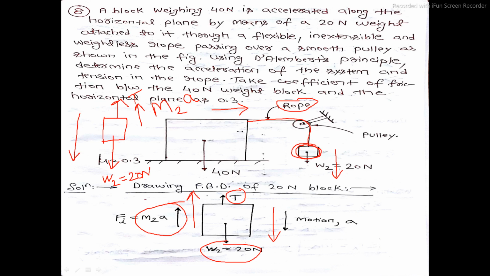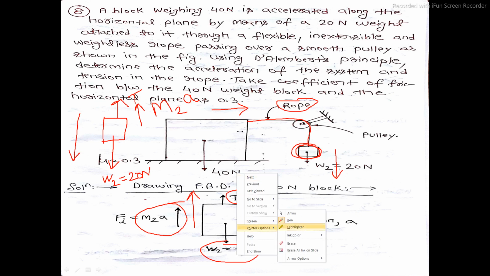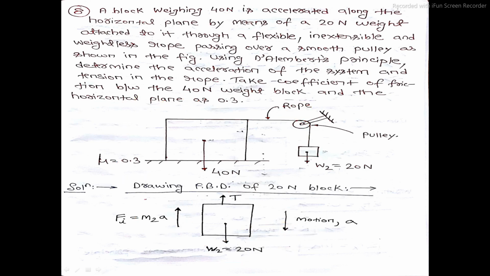So let us write down the force equilibrium equation. For this smaller block, which equation will I write? I will write summation Fy equal to 0, because only the forces along the y-axis are present. I am assuming this side y is positive and this side y is negative.